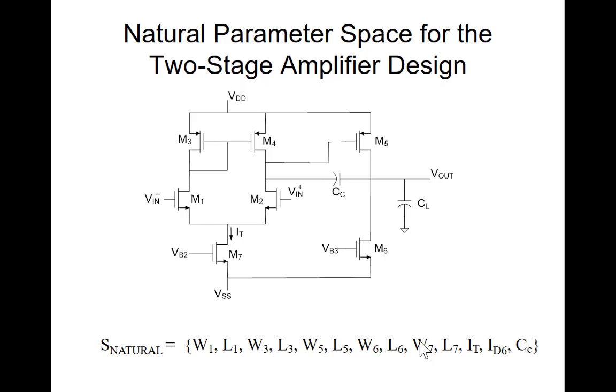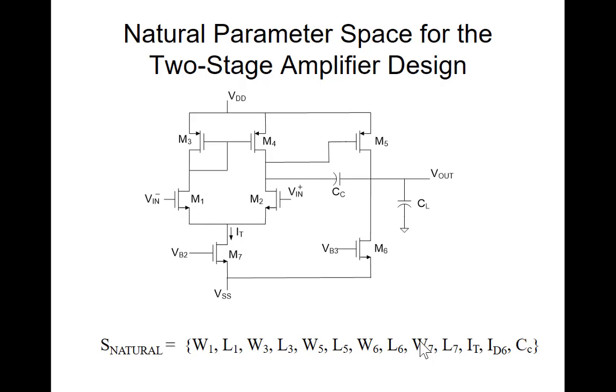So let's look at a design strategy now for this two-stage op-amp. The natural parameters are the widths and the lengths of all the transistors and the compensation capacitor C sub C and probably the tail current I tail and maybe the drain current in M6.